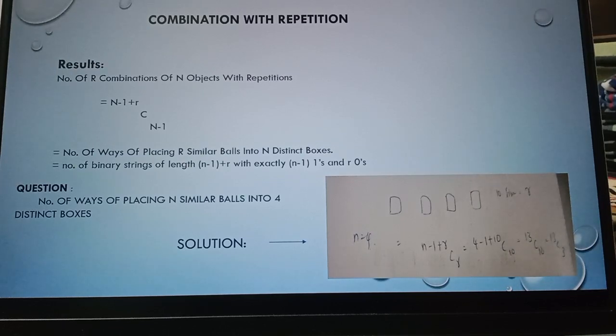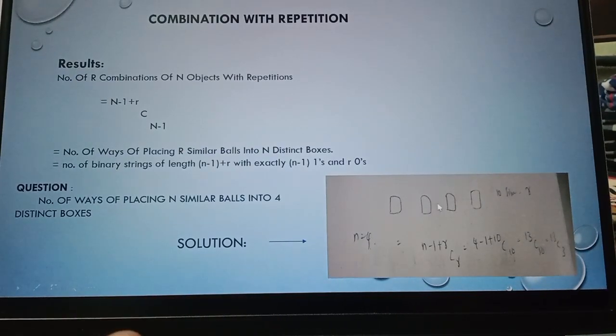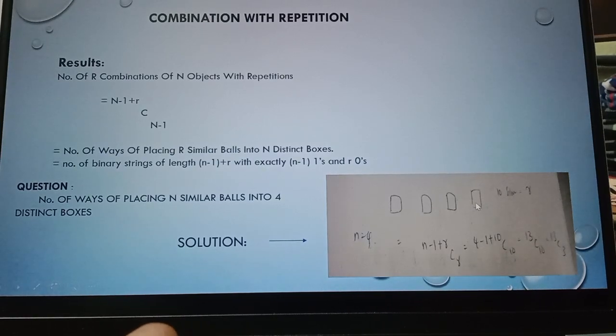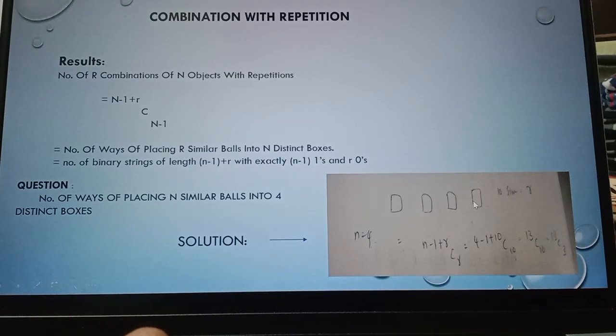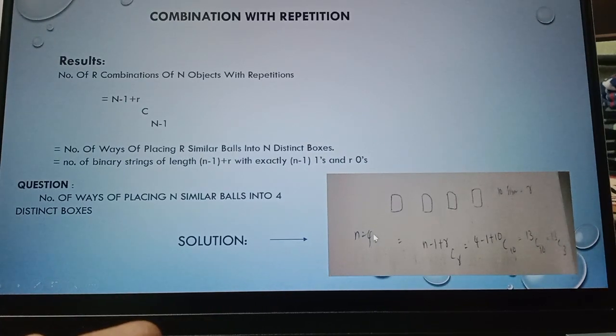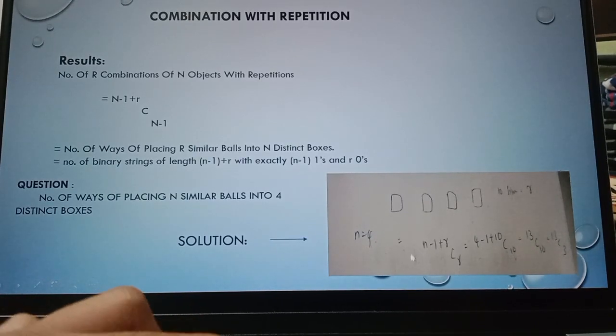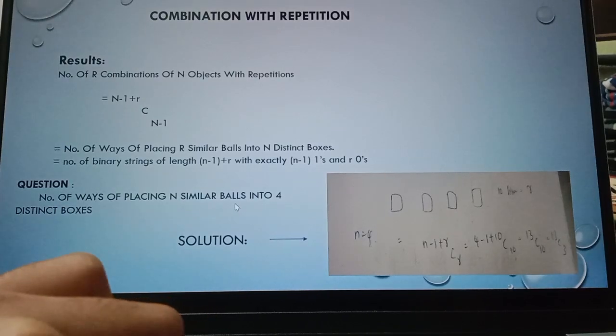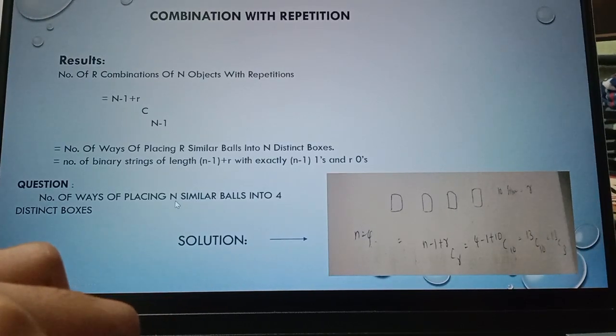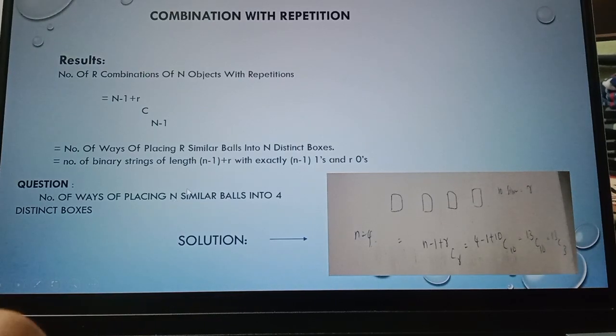Now here is a question: the number of ways of placing 10 similar balls into four distinct boxes. See, here is an image. There are four boxes placed here, that means n equals 4. And here is the formula, because we are using similar balls, here we must consider 10 similar balls, so r is 10.